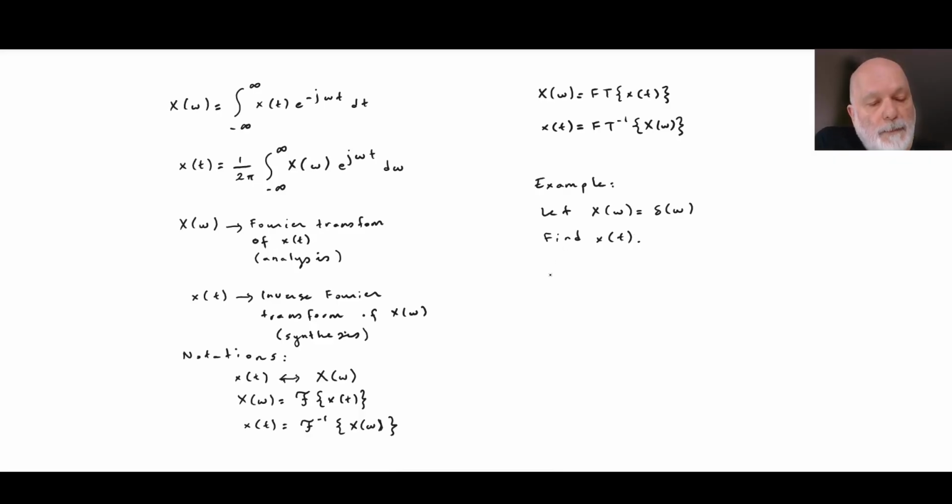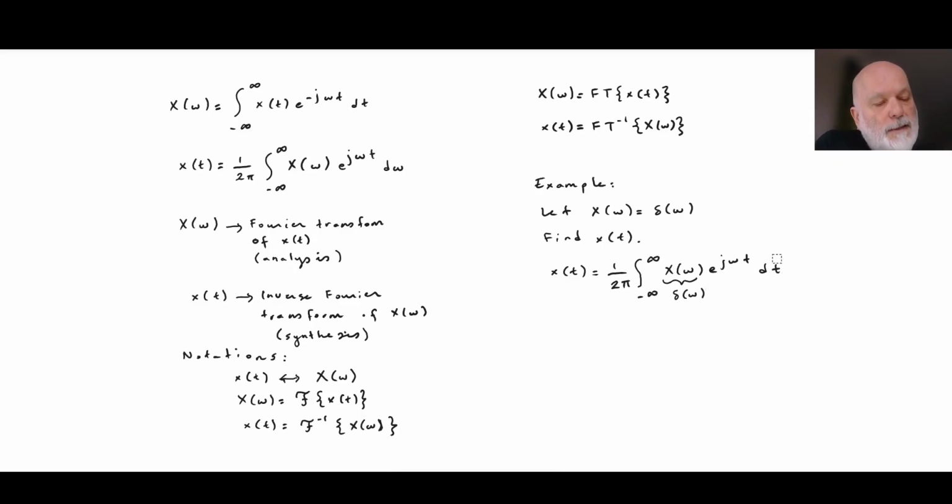So x of t can be evaluated by means of the inverse Fourier transform: 1 over 2 pi, the integral from minus infinity to plus infinity of x of omega e to the j omega t, integrated with respect to omega.